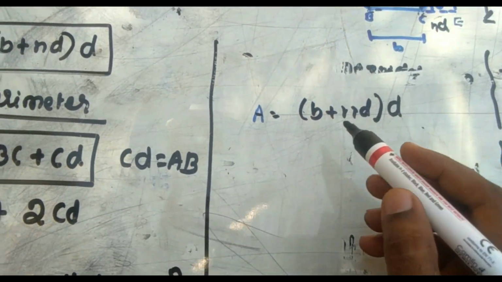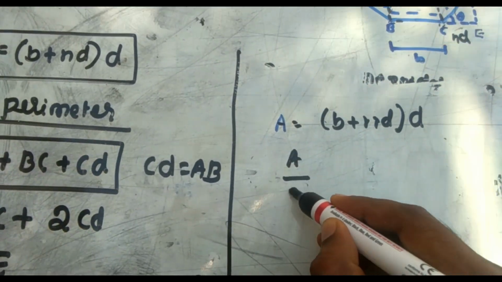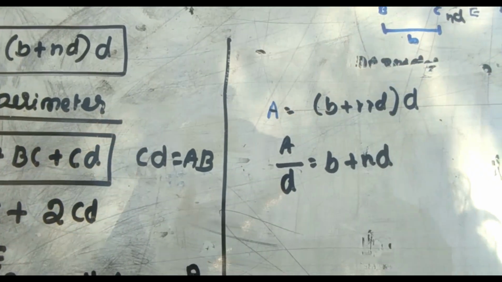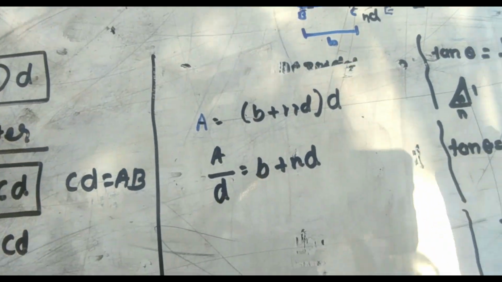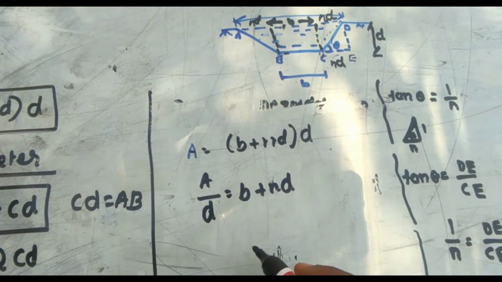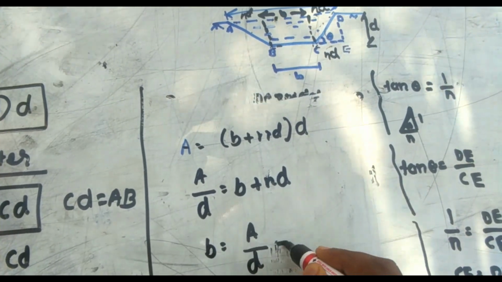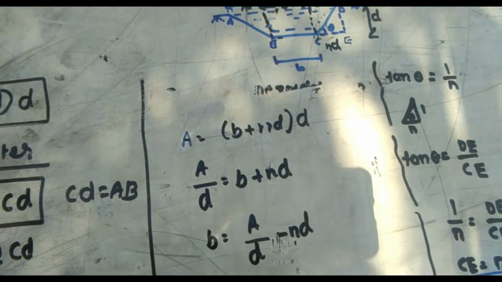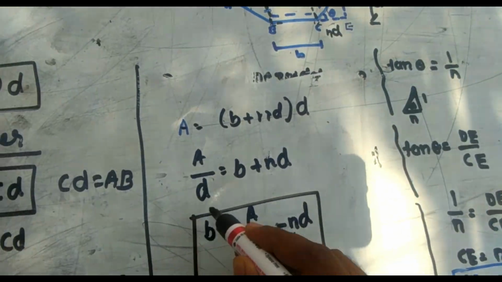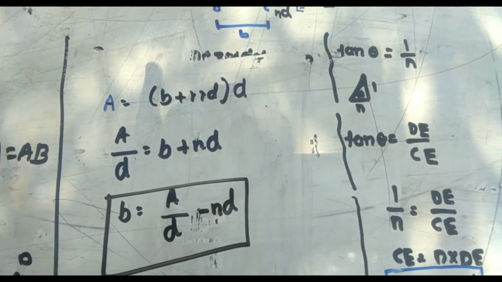This equation we are having, and I will write it as A by D is equal to B plus ND. So B is equal to A by D minus ND. I have written this equation with respect to B.